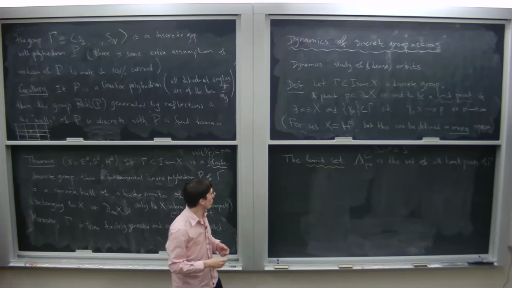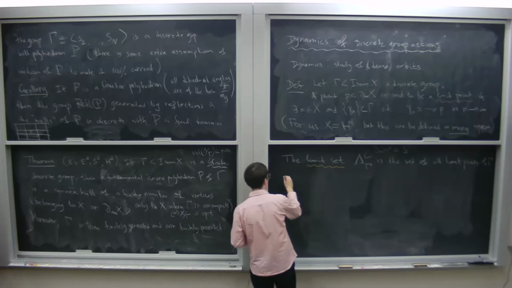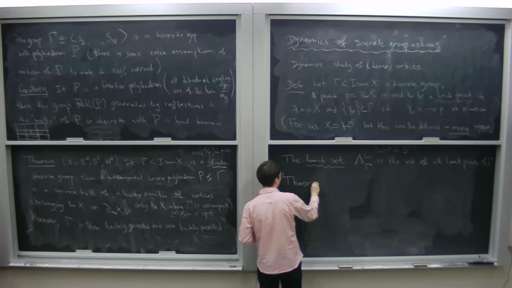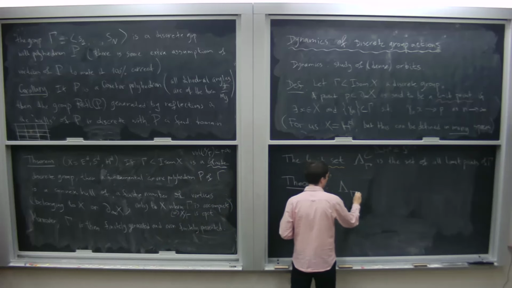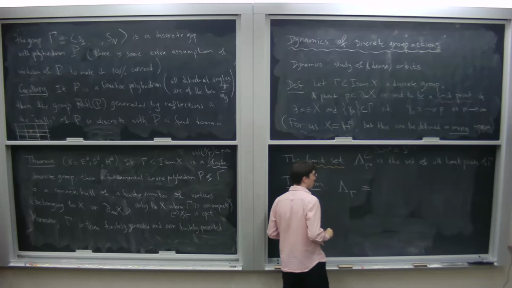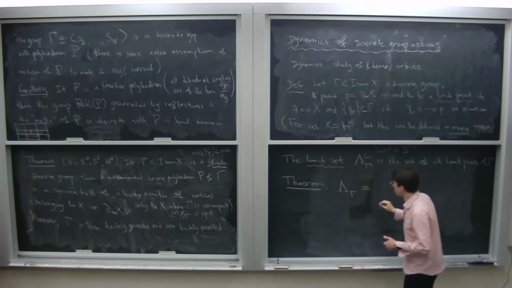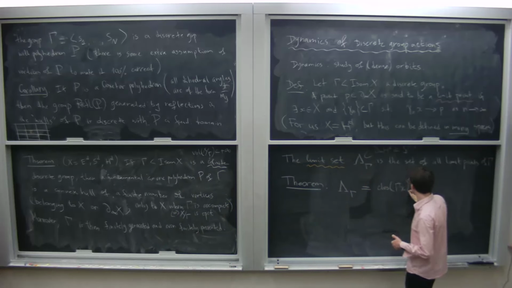But the following is actually true. So let me state the following theorem. Lambda gamma is in fact equal to the closure of any orbit of the space. So it is the closure of any gamma x.